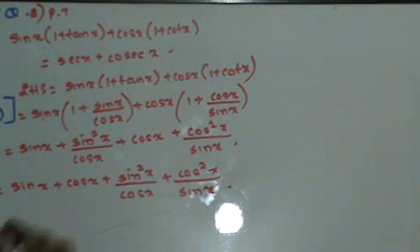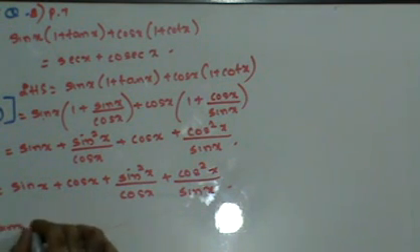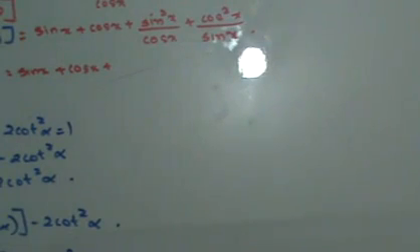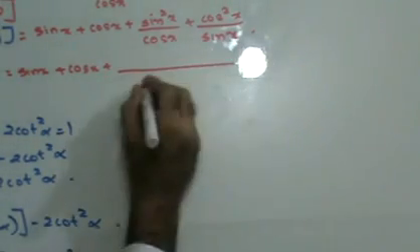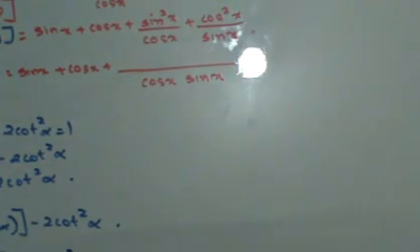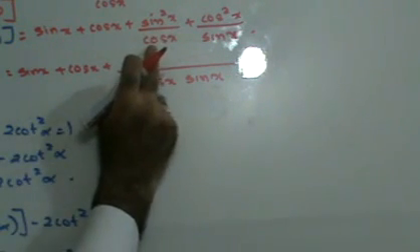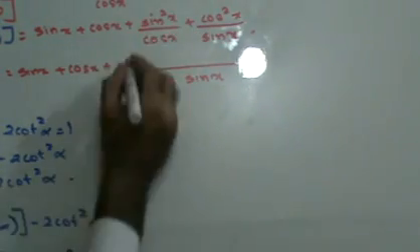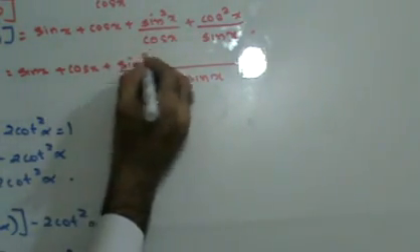Right? This can be written as sin x plus cos x plus, between these two terms I could take LCM. If I take LCM, my common denominator will become cos x into sin x. That means I need to multiply this denominator by sin x, hence I will multiply the numerator also by sin x, where I will get sin cube x.